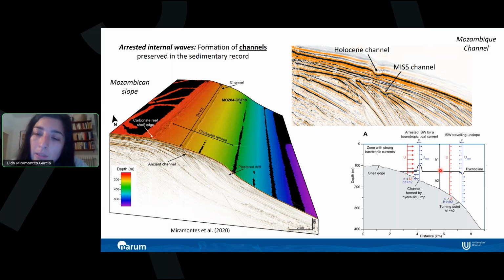And we speculate that when the internal wave is approaching and the barotropic tide is coming from the shelf in the opposite direction, it might stop the wave for a while in the area, and that could make it always break and affect the slope for a longer time in the same place, generating focused erosion and not just a broad erosion on the seafloor.